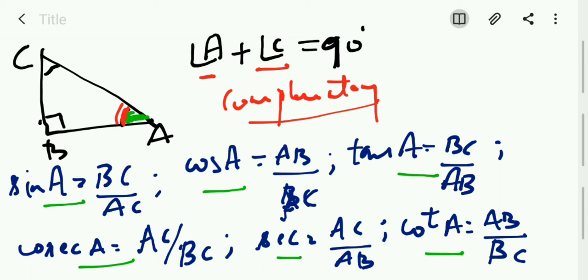Now suppose I do the same for angle C. I'll draw the same triangle once again, where this is 90 degrees and this is angle C, with vertices A, B, C.